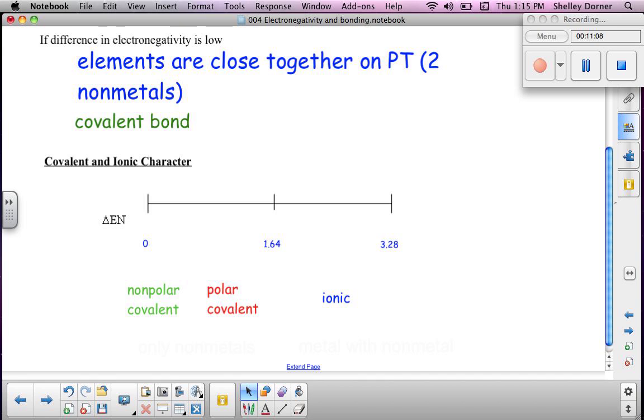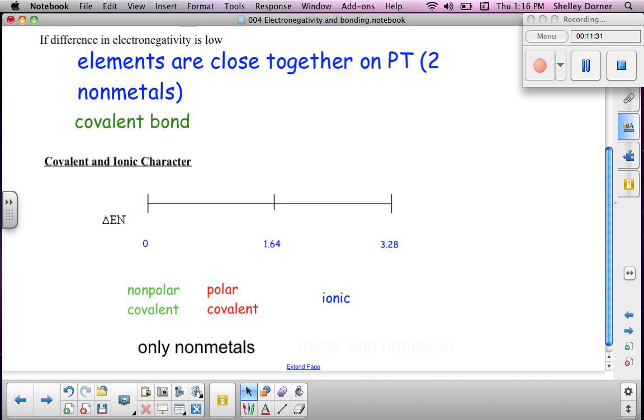In the region right around an electronegativity difference of 1.64, the bonds really have characteristics of both ionic compounds and covalent compounds, and so we're going to have to resort back to simply looking at what type of element is involved to decide what the primary characteristic is of the bonds.